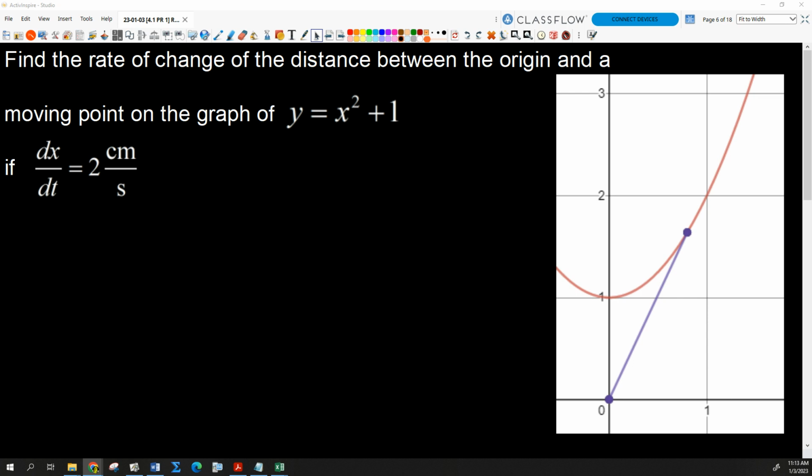Okay, they give us an equation of the parabola, of the function, just x squared plus 1, and they tell us dx/dt equals 2 centimeters per second. So what does that mean? What's dx/dt? X dot. Okay, we could call that x dot. What does that mean though?